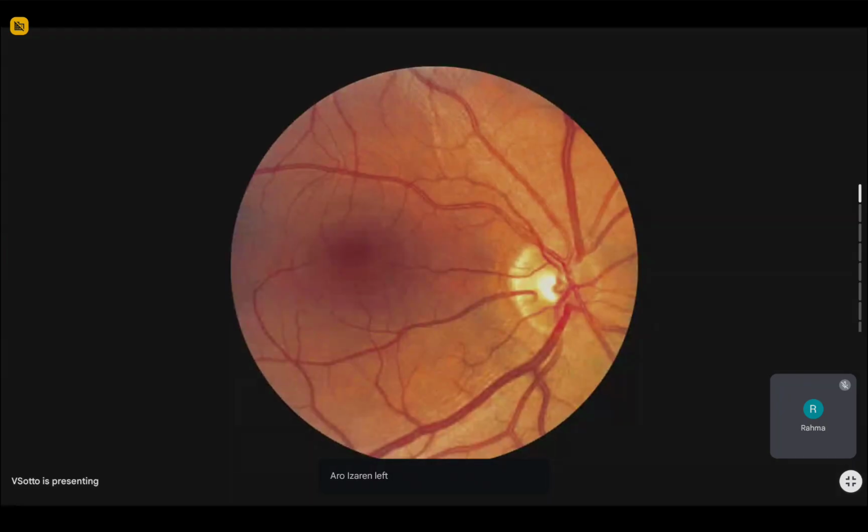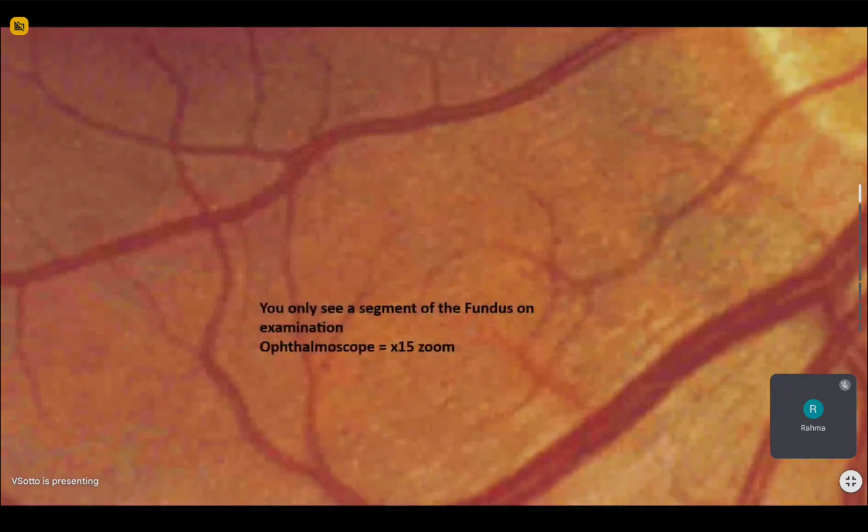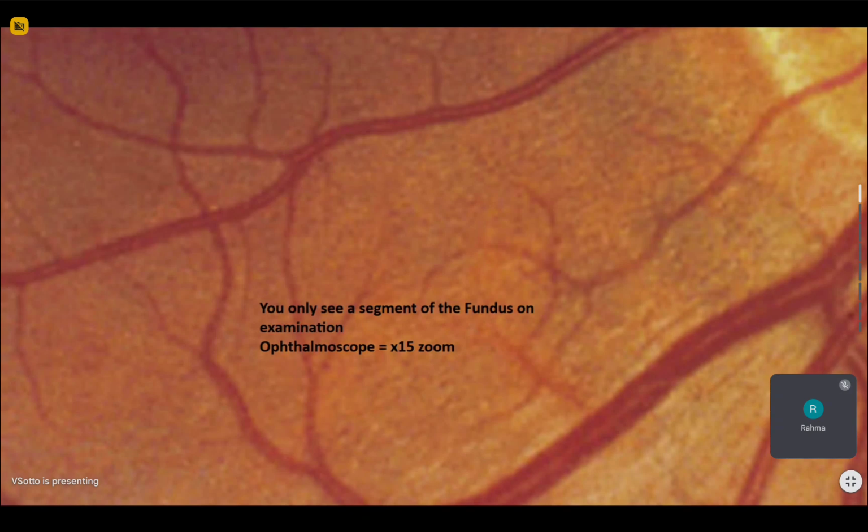So if you'll be using your ophthalmoscope, it's a very magnified version of your retina. It's around 15 times zoomed in, so you'll only be seeing a segment of your fundus. Just slowly maneuver your movements so as to follow any certain parts of your posterior pole.